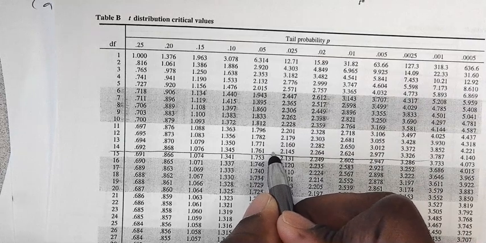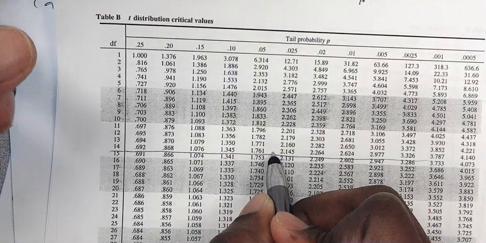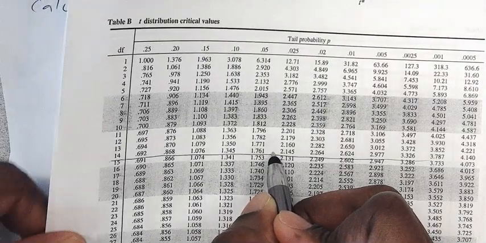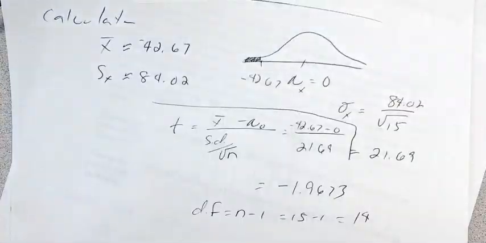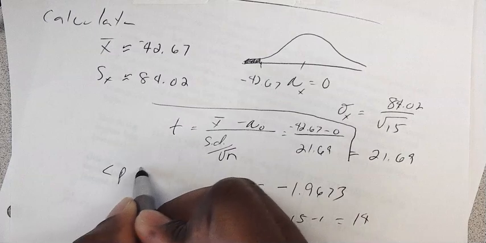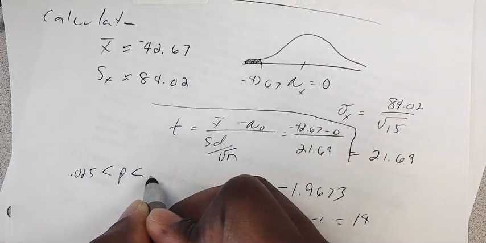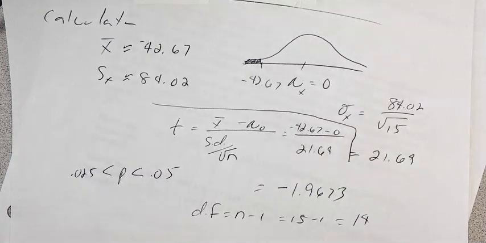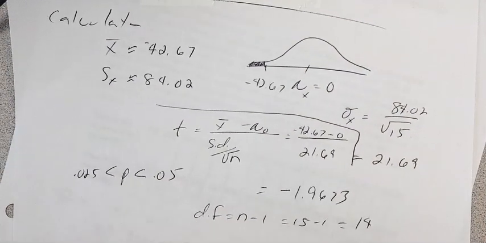So I know that we're going to reject the null because it's lower than the significance level. So what we know is that the probability of having a t-value that low is somewhere in between 0.025 and 0.05. Since we can't get it exactly on my calculator, that's enough to prove it. We can stop there and reject the null.